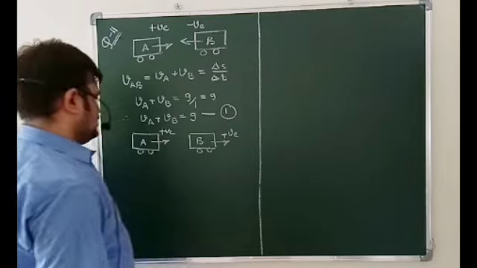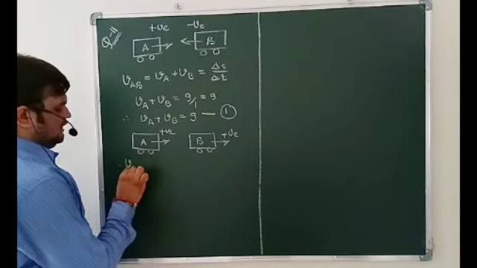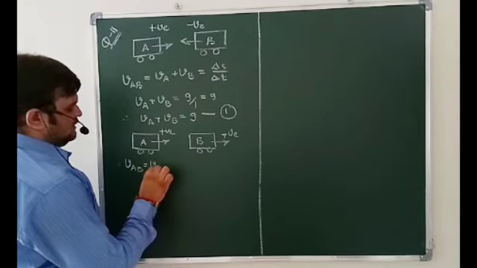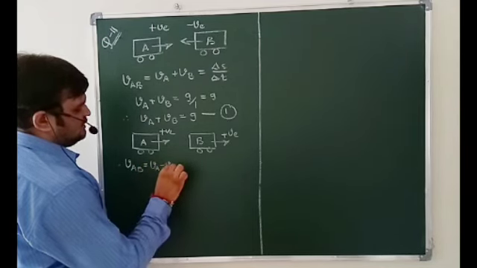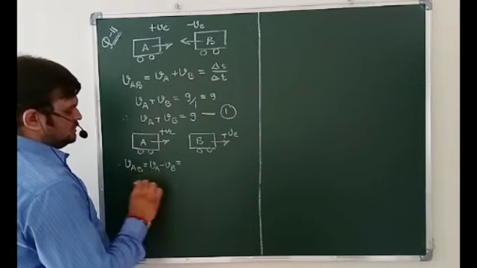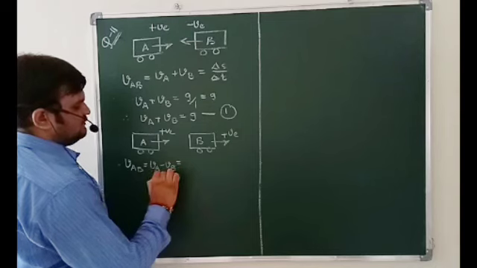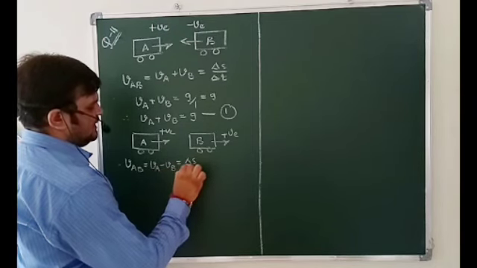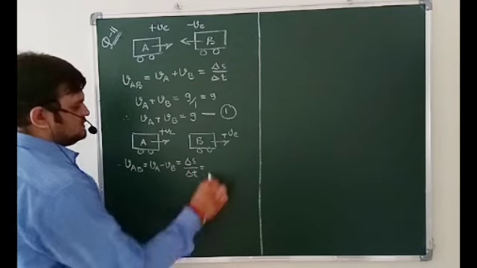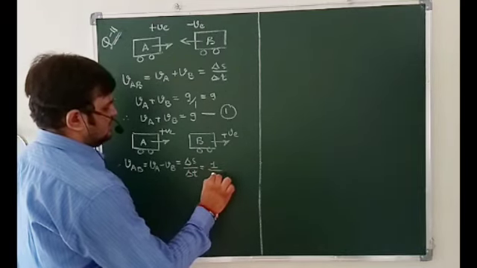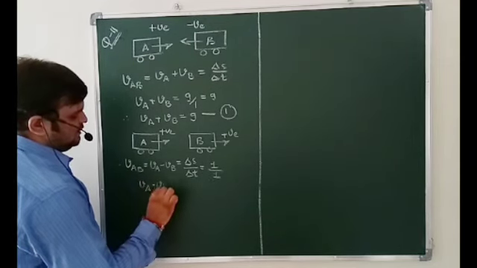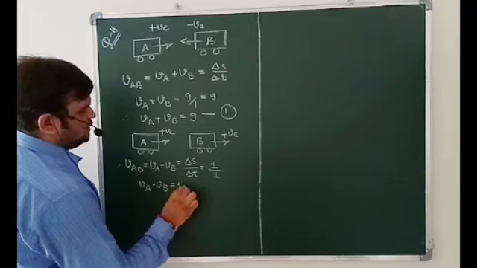So at that time the relative velocity VAB, the velocity of A with respect to B, is VA minus VB, because both are moving in the positive direction. So VA minus VB is delta S by delta T. In this case delta S is 1 and delta T is 1. So VA minus VB is equal to 1.